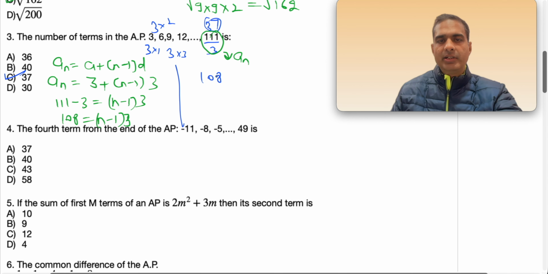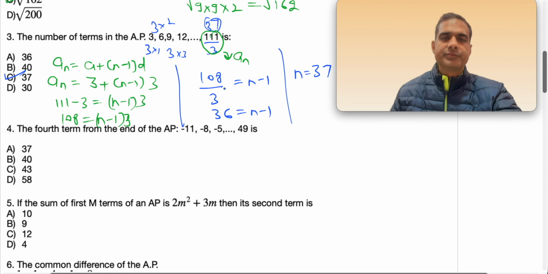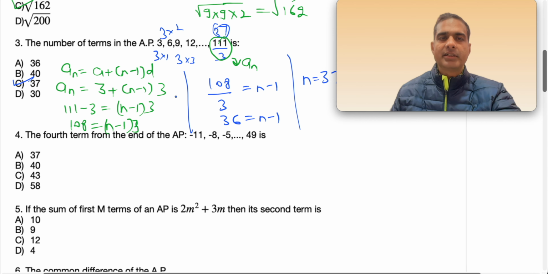So it will be 108 divided by 3 is equal to n minus 1. So this is 36 is equal to n minus 1. So n is equal to 37. So the value of n is 37.